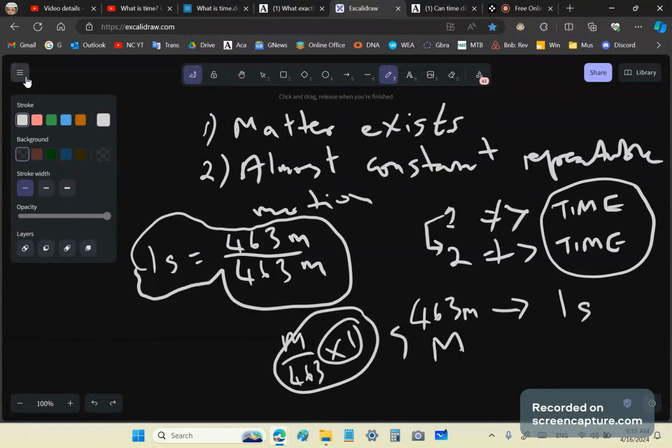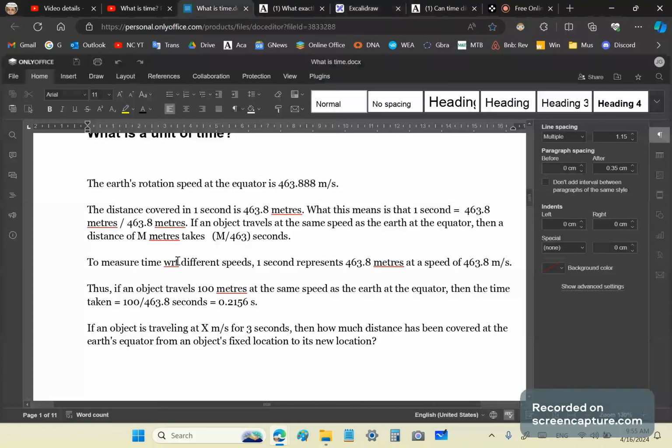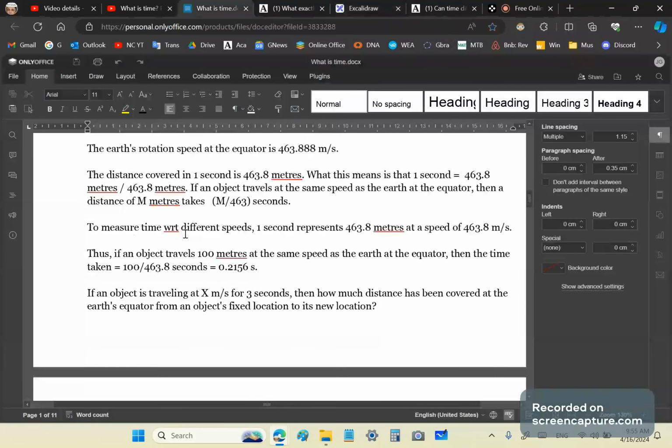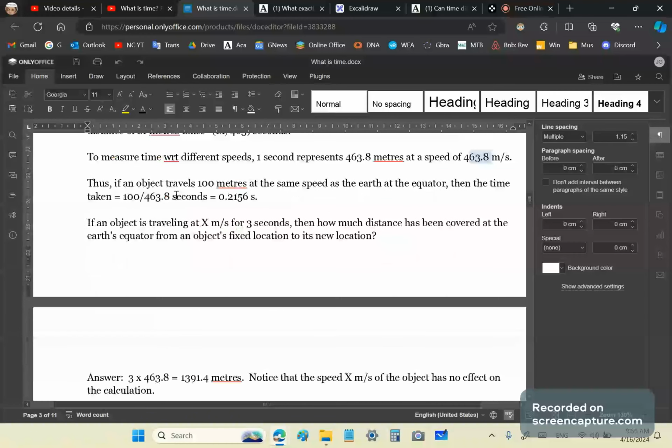Okay, so let's clear this board quickly so that if we need it, we have it. So to measure time with respect to different speeds, 1 second represents 463 meters at a speed of 463 meters per second. So if an object, for example, travels 100 meters at the same speed as the Earth at the equator, then the time taken is 100 divided by 463, which is equal to approximately 0.2 seconds.